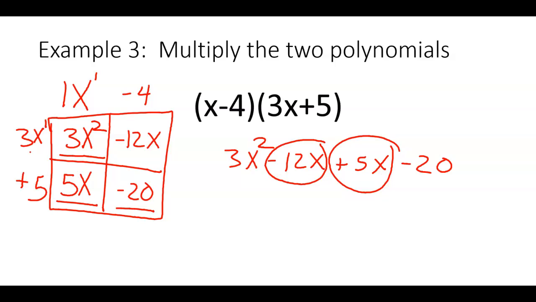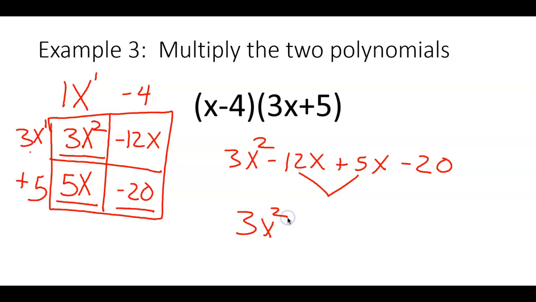So we have to reach back into your memory banks from yesterday. When you add like terms, all you do is add the coefficients. You don't change the exponent or variable. So what is -12 and 5 if I put those together?